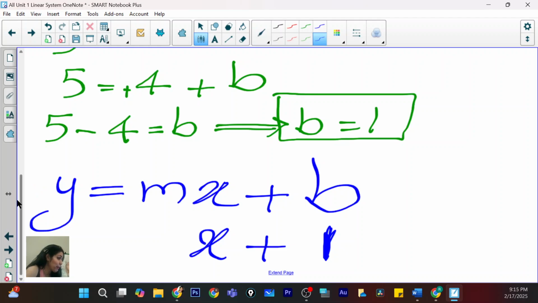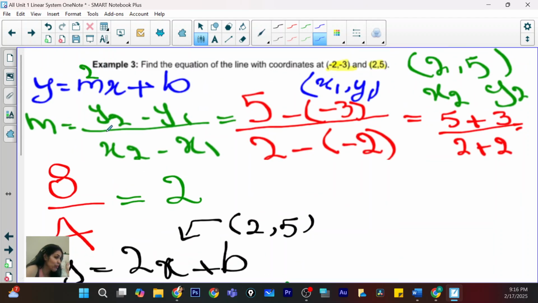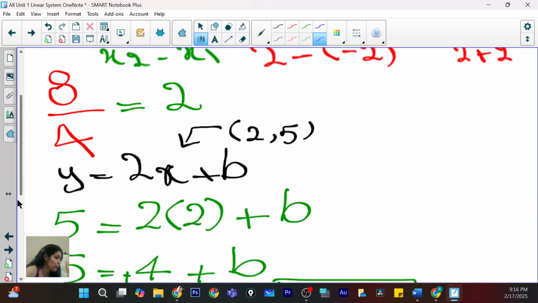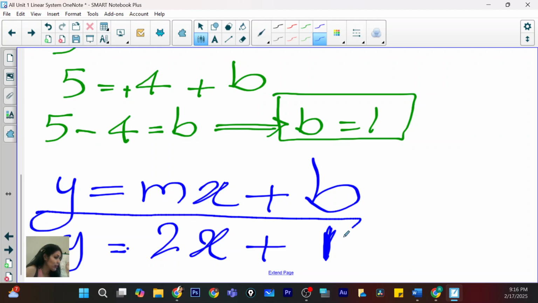Instead of m, we got 2. We calculated here and we got m equal to 2. Okay, and this is the answer. Find the equation of the line passing through these 2 points, and this is the answer.